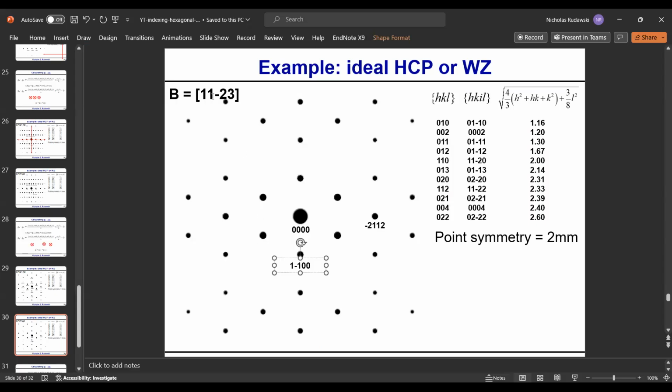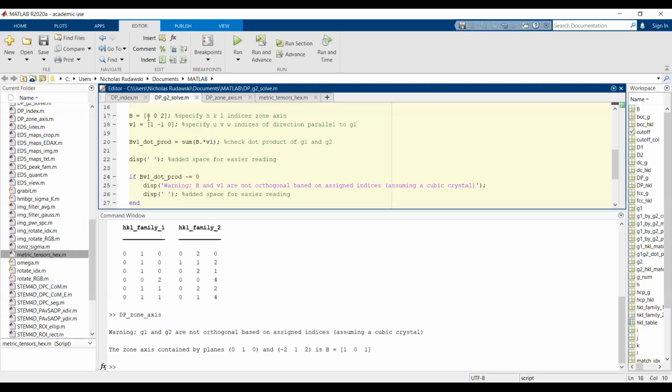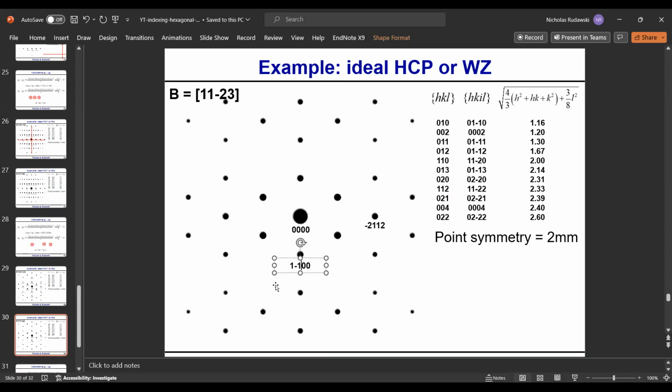Now as far as this guy is concerned, we have 1 minus the opposite of 2 is 3, we have 1 minus the opposite of 2 is 3, and then we have 3. So we have 3, 3, 3, which is just 1, 1, 1. So we do 1, 1, 1, and then we're crossing B with this lattice direction, which we established in 3 index notation would just be 1, 1 bar 1.